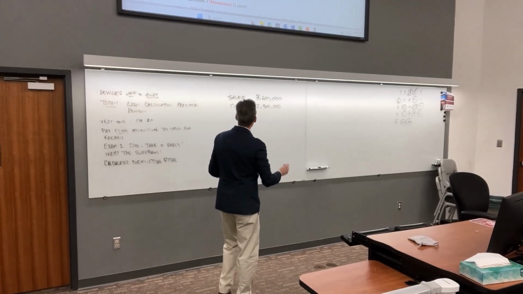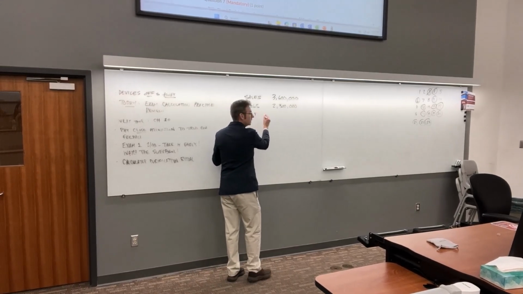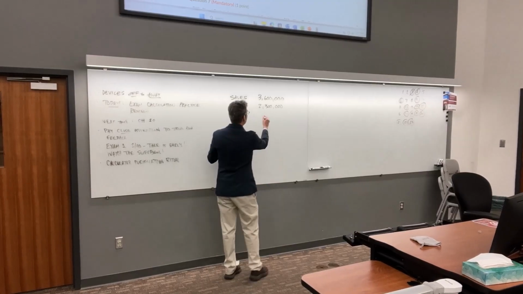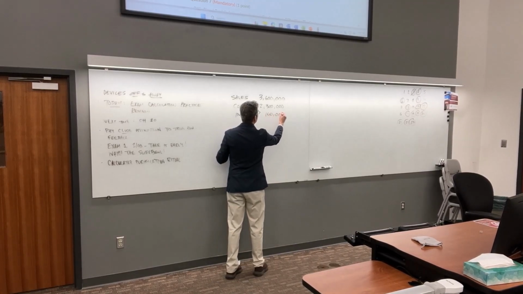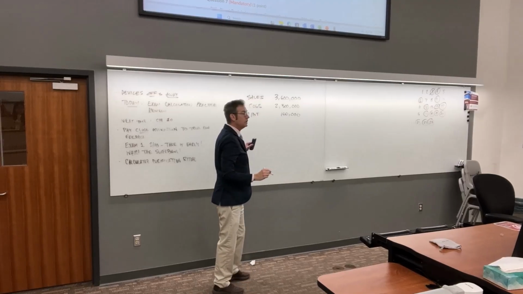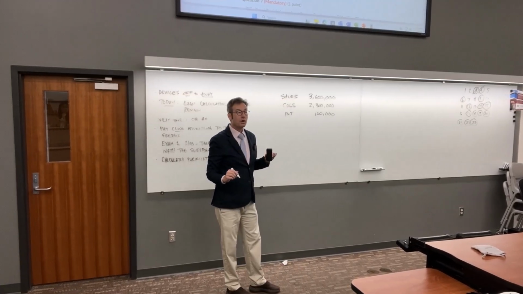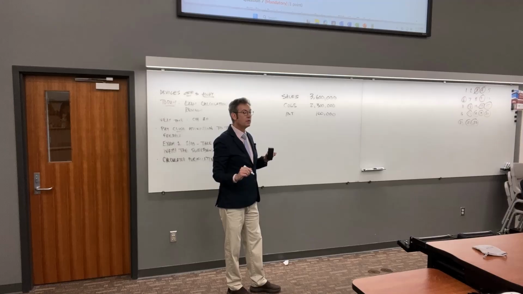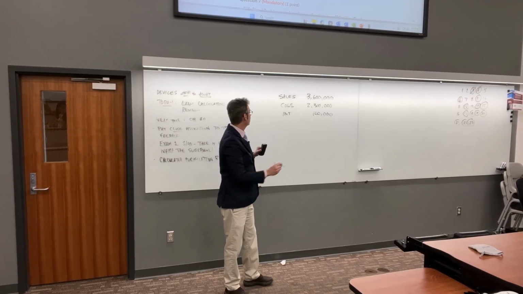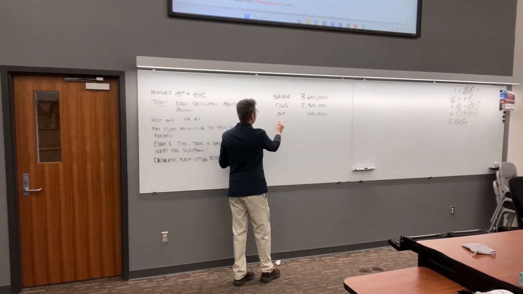They also give us an interest expense of $100,000. And then there's one thing left before I can calculate my pre-tax income. What would that be? What else do I need to subtract? Depreciation. Yeah, depreciation.